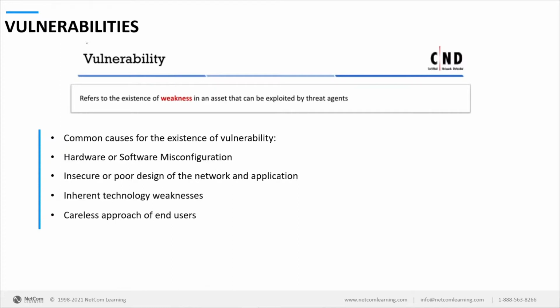Vulnerabilities. All right, so it's a weakness in the system. We could say it's the existence of a weakness in an asset that could be exploited, but we didn't know what those vulnerabilities are. Are we running older legacy systems, for instance?